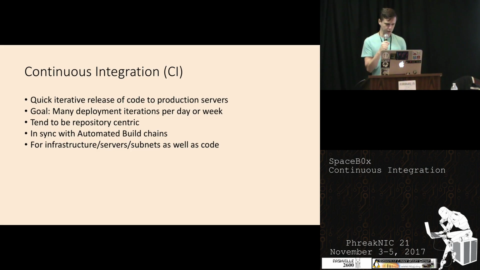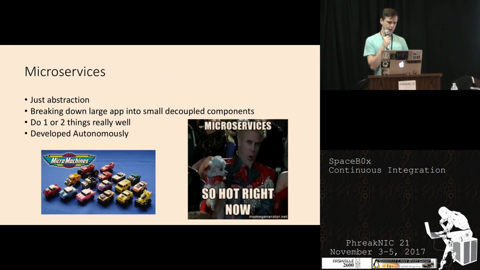So we have to talk about microservices, but I won't harp too much on this because I've done so in the past, and it may not be pertinent to what everyone does. Microservices is the high-level concept that we take a piece of software that acts as a unified whole, the monolith, and break it down into smaller components that do 1 or 2 things by themselves, and only those 1 or 2 things.